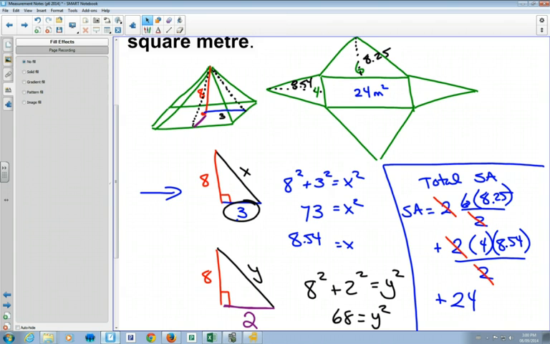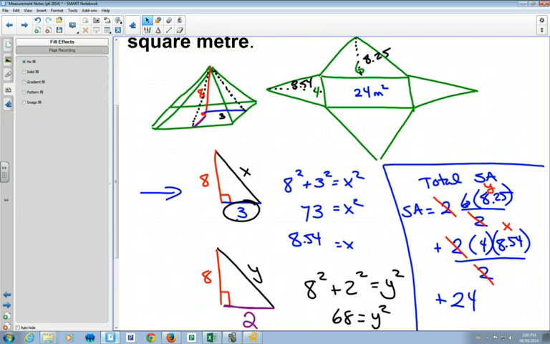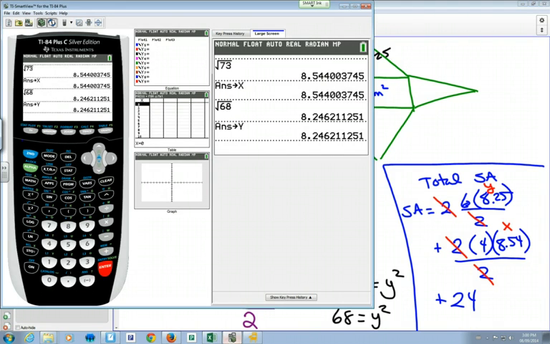So I'm going to have 6 times 8.25. 8.25, by the way, was our y. And then 4 times 8.54, and the 8.54 was our x. And then plus 24. So when I go back to my calculator, I can say 6, and then instead of typing that all in, I can just type in y.